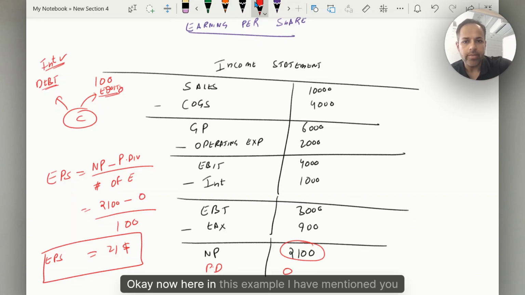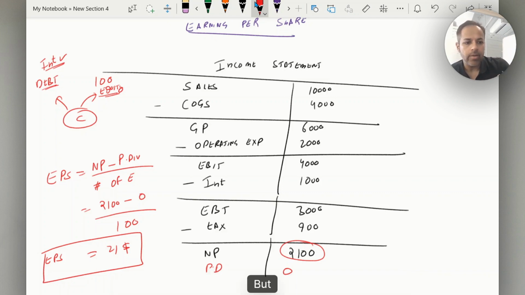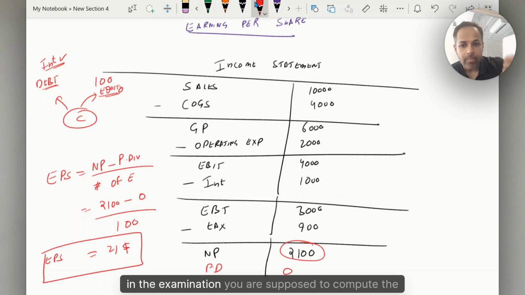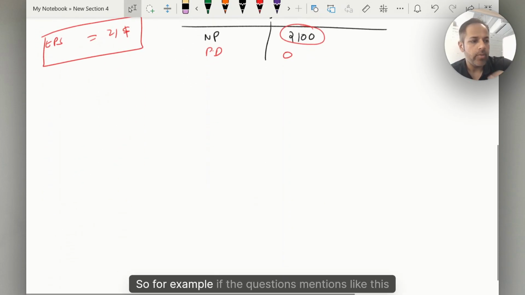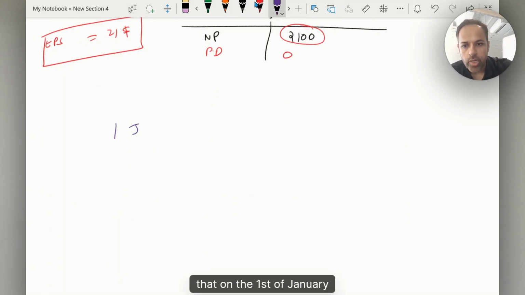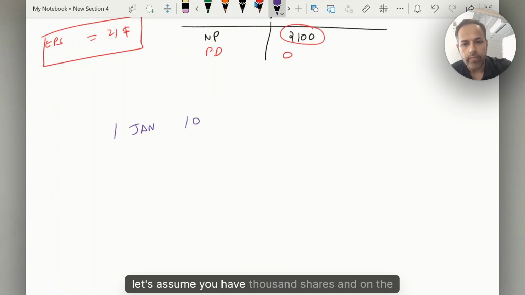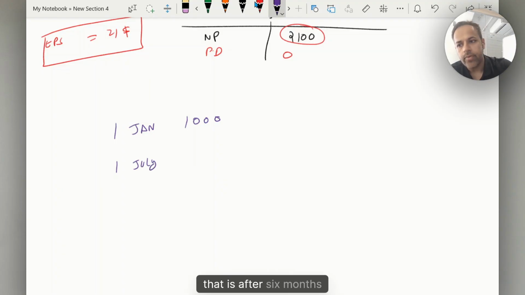Now in this example, I have mentioned that the number of shares is 100, but in the examination you are supposed to compute the number of shares. For example, if the question mentions that on 1st January you have, let's assume, 1,000 shares, and on 1st July, that is after 6 months, you issue some shares.